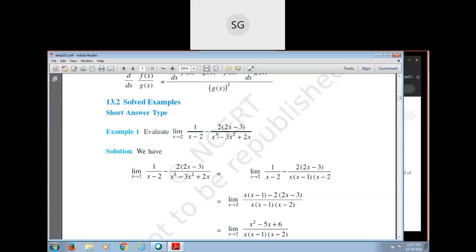When we take common x, x comes outside, and the remaining term will be x into x square minus thrice x plus 2.